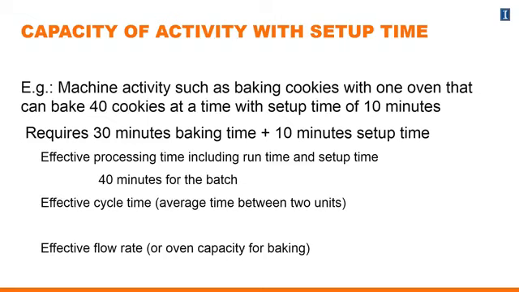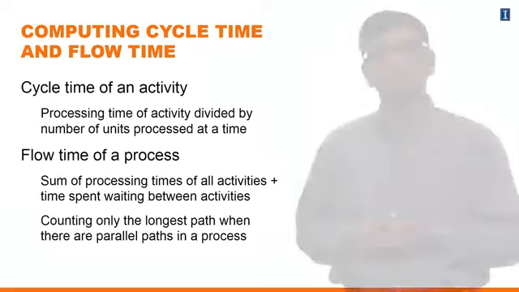Effective cycle time is going to be 40 minutes for the batch divided by 40 cookies that got done. So effectively, we're getting this done in 40 minutes, and I'm giving you a cookie on average per minute. Effective flow rate is going to be based on the 1 minute cycle time, and therefore it's going to be 60 pieces per hour.